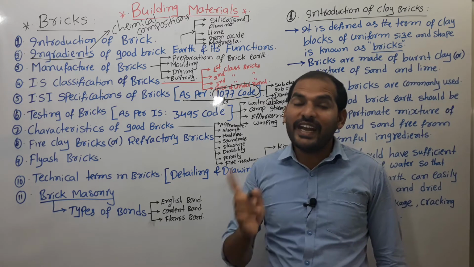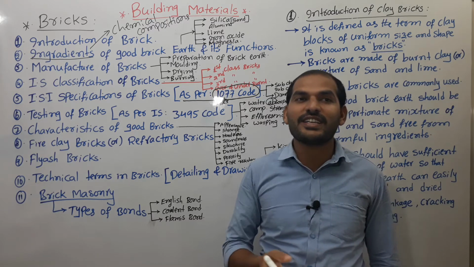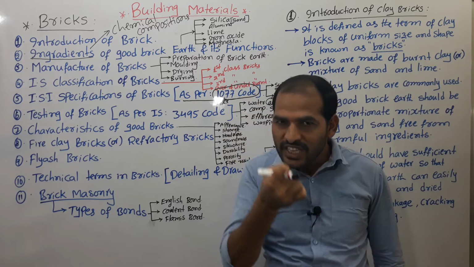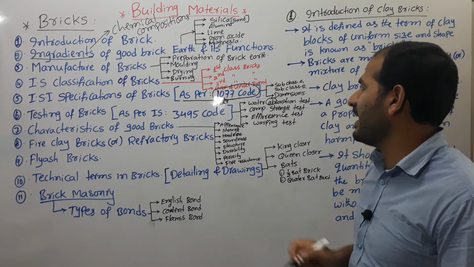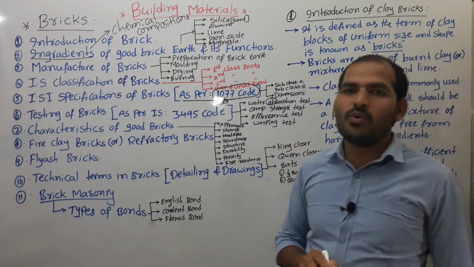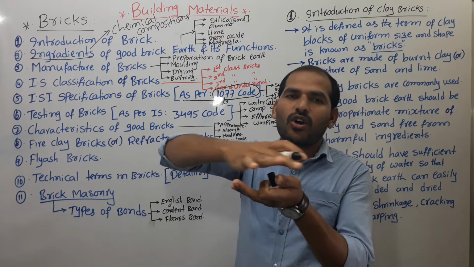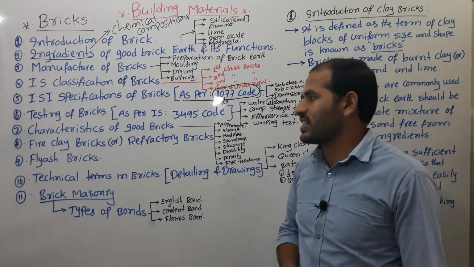Adsorption means the water is absorbed or occupied within the body also. That is called water adsorption. That is different, but here in the testing of the bricks, the water absorption test means that water is absorbed or occupied on the surface of the brick only, right? So this is the one test.